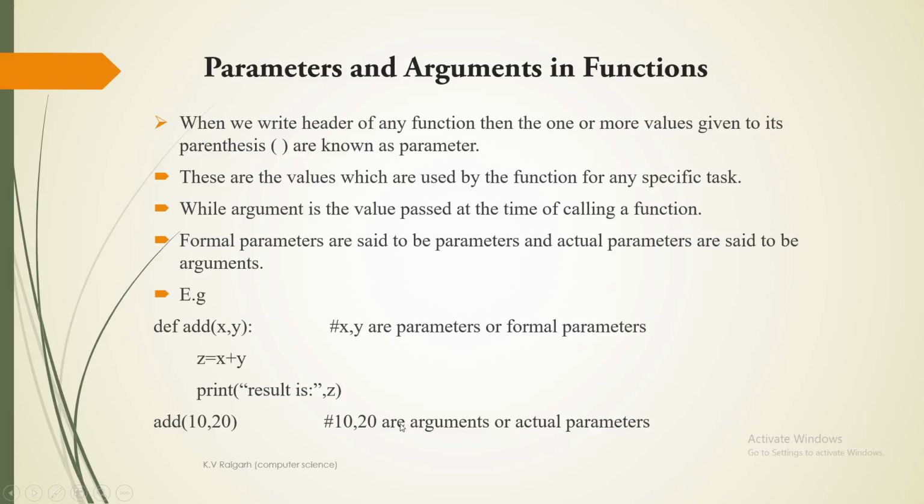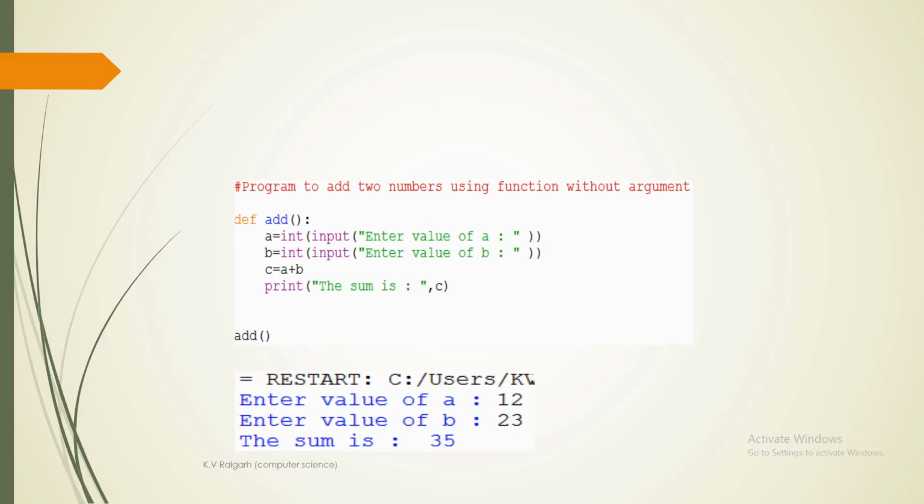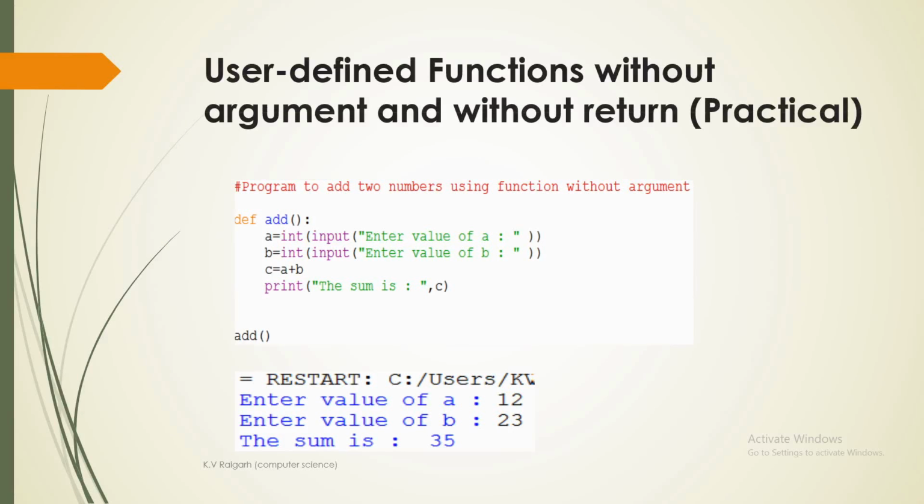We also call these arguments actual parameters and the parameters formal parameters. So before executing this program, let's know about how we can create a function without argument and without the return keyword.